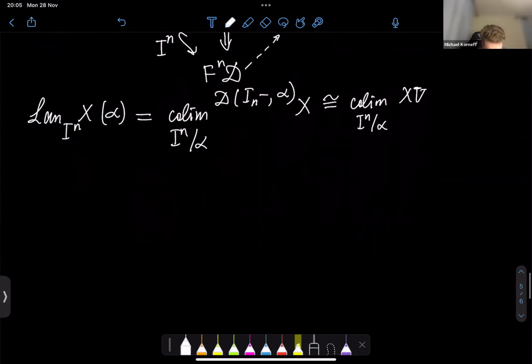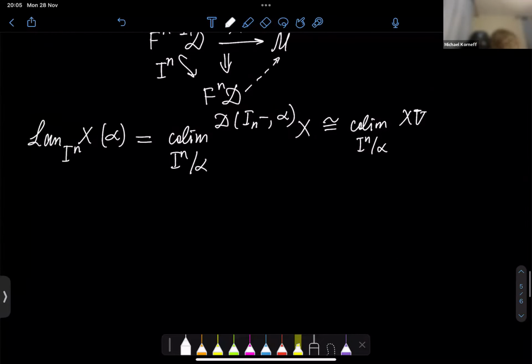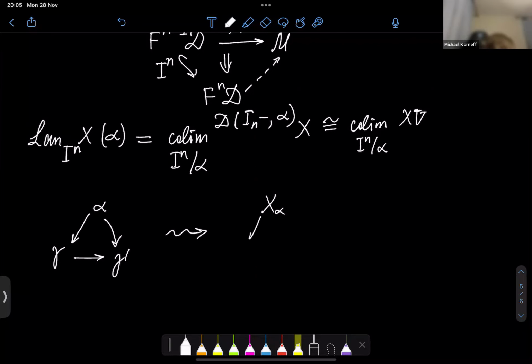And similarly we can consider the following triangles, and they give these triangles, and here we should use the right Kan extension.